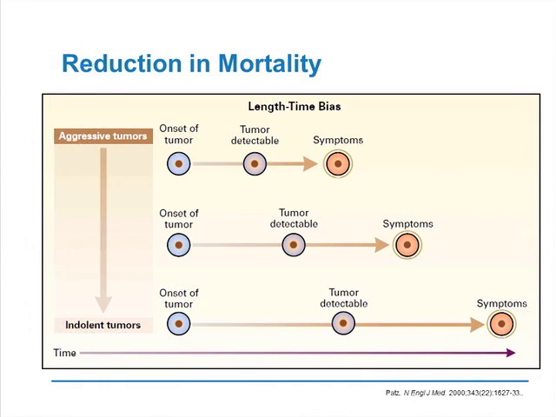The next bias inherent to the reporting of survival as an outcome is called a length time bias. In a length time bias, the suggestion is that any test administered intermittently, such as a yearly chest x-ray or yearly CAT scan, is more likely to identify a group of indolent tumors, relatively slow-growing tumors, and miss some very aggressive tumors that would have grown fast enough to have been missed on one scan and too far advanced by the time you get the next scan.